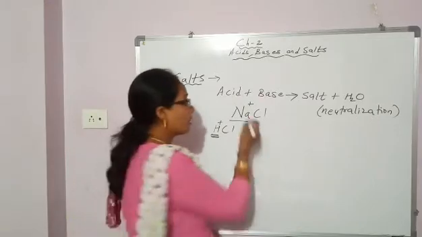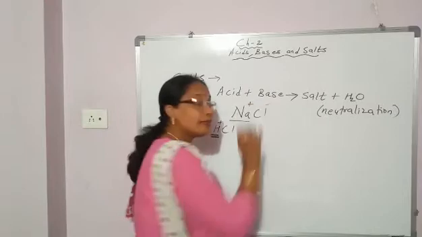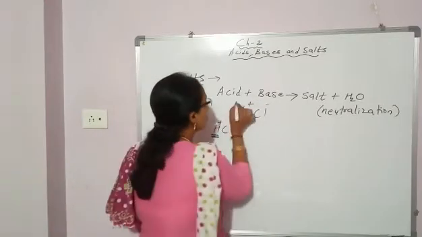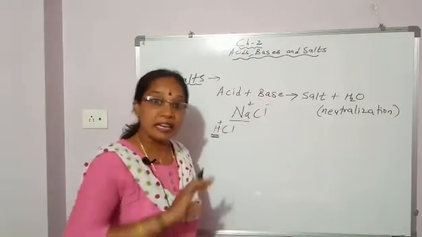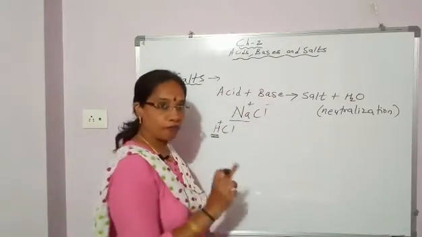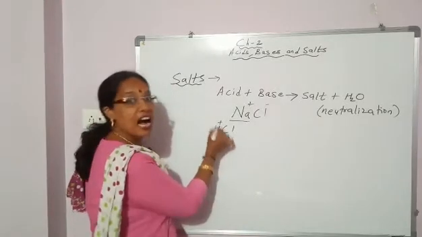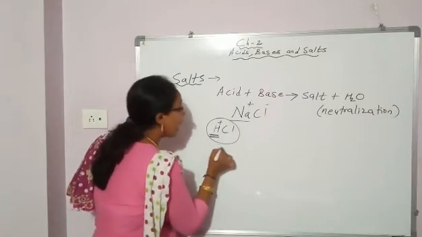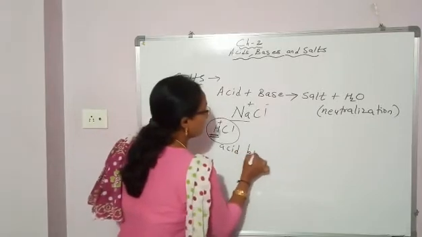Okay, so what is the positive ion in this salt? Sodium. And what is the negative ion? Chloride. And this compound, salt, is a compound formed by replacement of either all or part of the ionizable hydrogen atom present in an acid by some other cation.